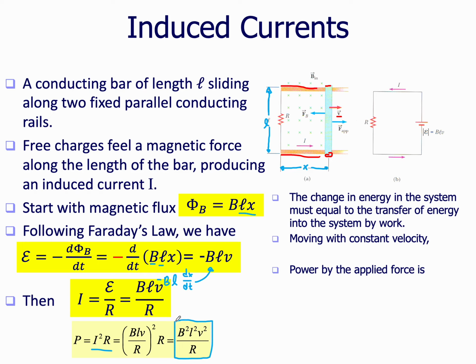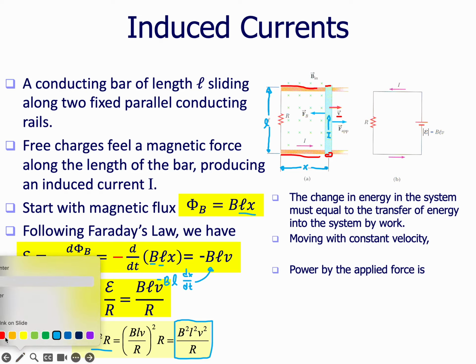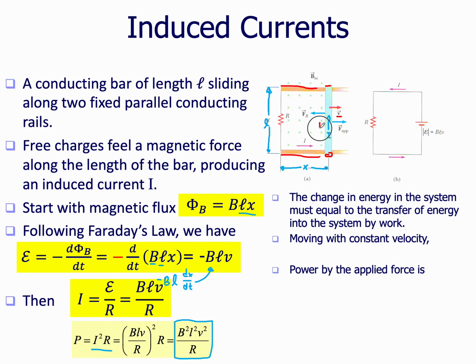But I've got a question. If this is the electrical power coming out, is that equal to the amount of power that we're putting in? Now, you can quickly calculate, if the current's going this way, and using your right-hand rule, current, field, force, the force due to the magnetic field on this wire is going to be this way, ILB.